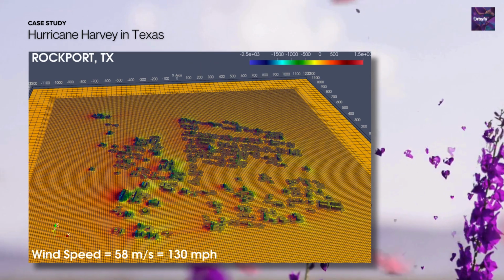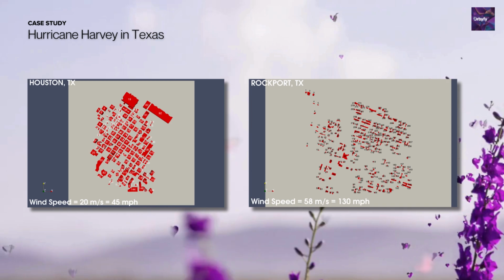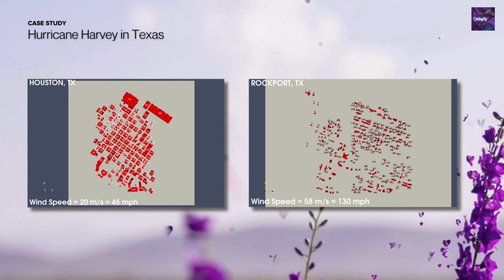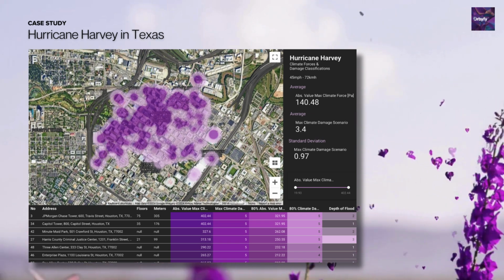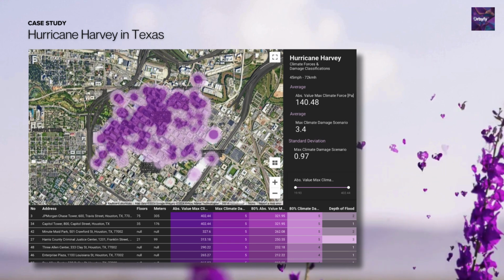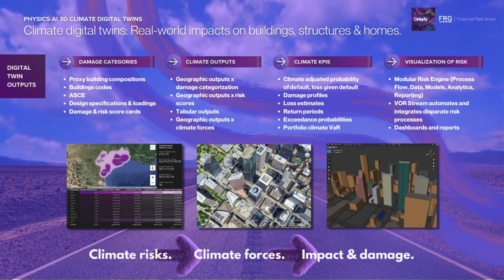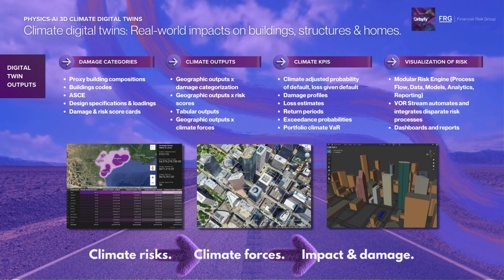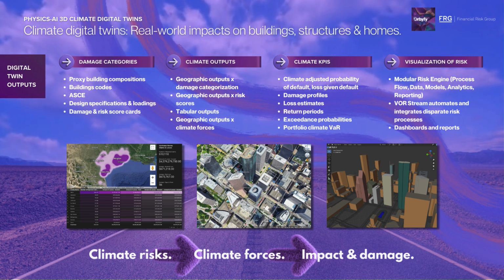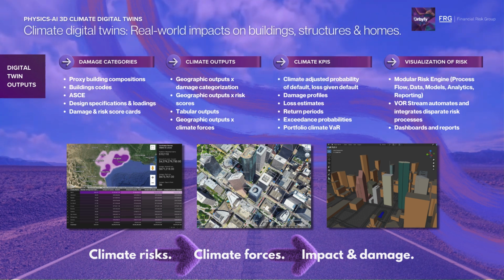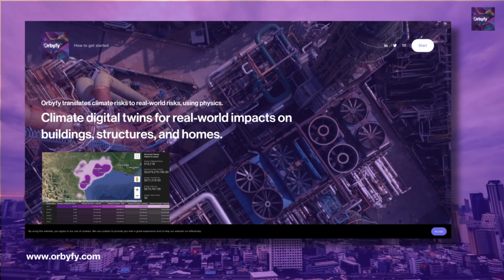What are the modeling outputs in terms of climate forces and damages, the range of geographical outputs, and ultimately the types of dashboards that are helpful to banks, reinsurers, financial services firms, and regulators, and the different types of climate KPIs that are possible, as well as how we visualize this risk in a platform that can be connected to you. So as you can see, the story is far from done.